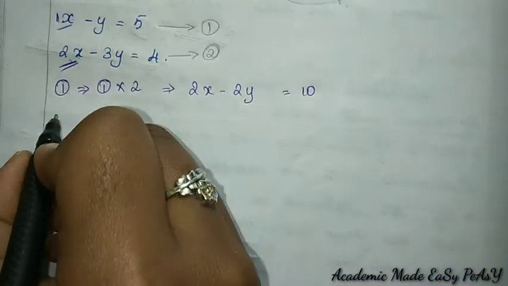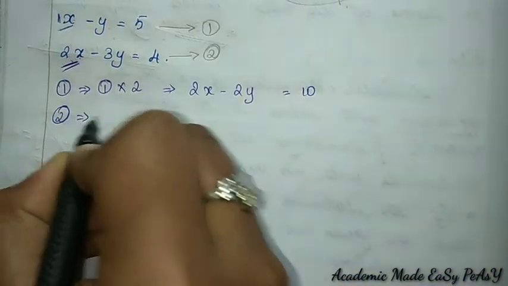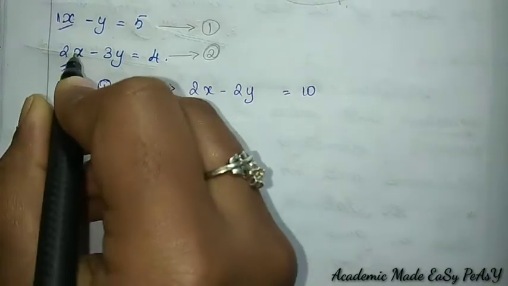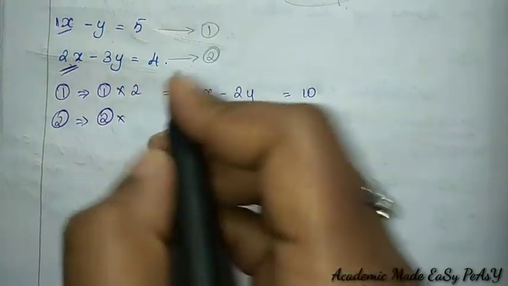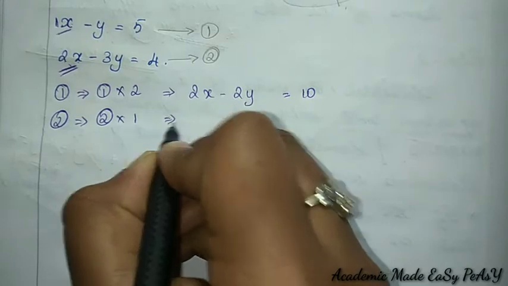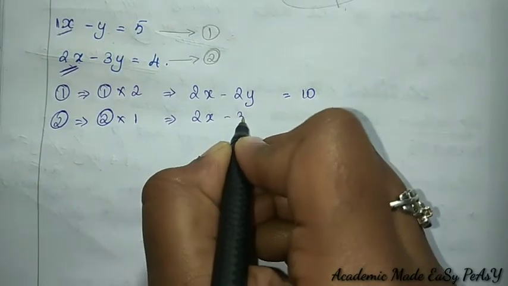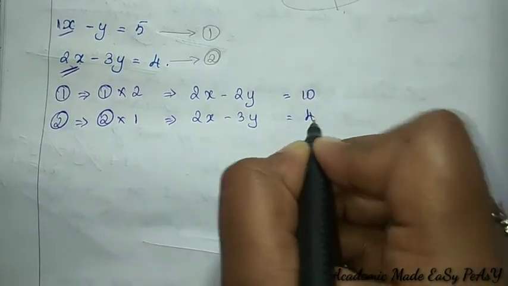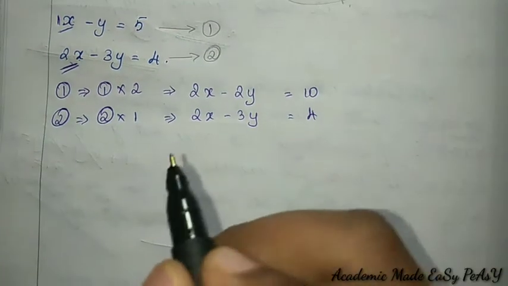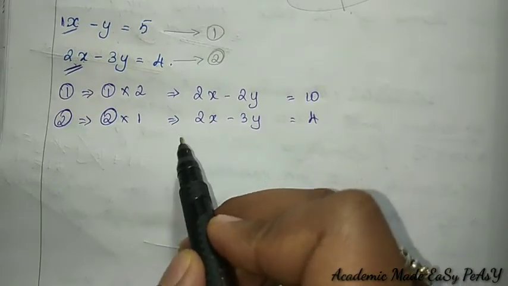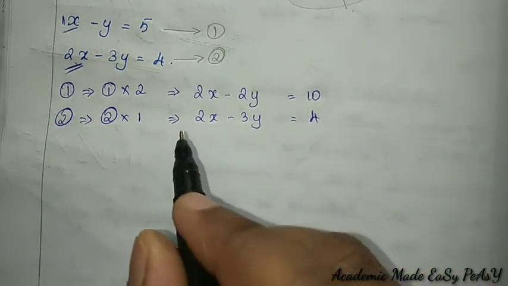Next I move on to equation 2. What should I multiply with? 1 only. So 2x minus 3y is equal to 4. You should always make the coefficient of any one of the variables equal.